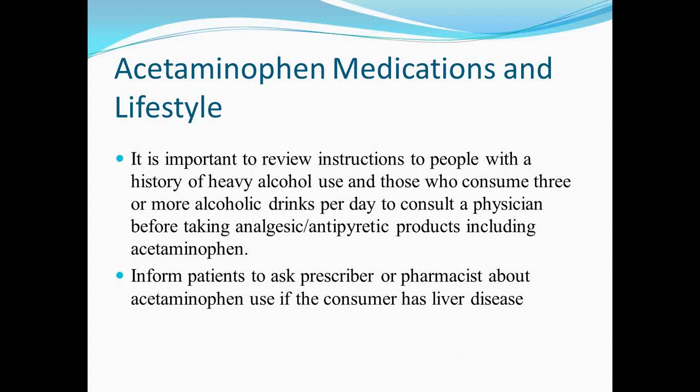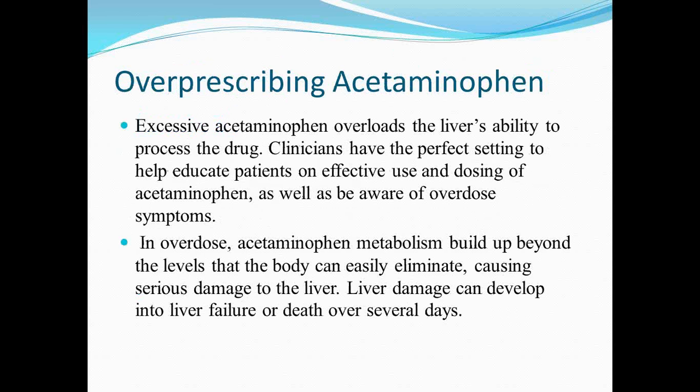Other than that, one of the interesting findings I've had in reviewing this is that acetaminophen is an excellent choice for our patients with kidney failure, with comorbidities, with a lot of aches and pains but also diabetes and hypertension. There is an important place for acetaminophen as an analgesic.